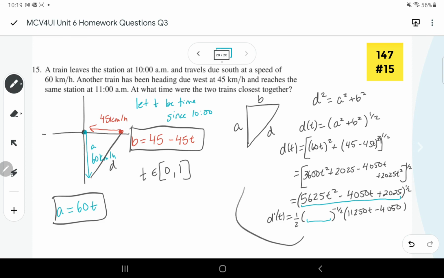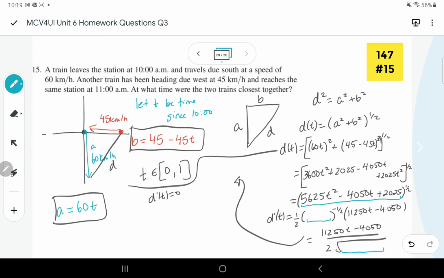And if we want D prime of t, that would be 11,250t minus 4050 over 2 root that thing that I can't fit. That's going to go in there, to the exponent 1/2.